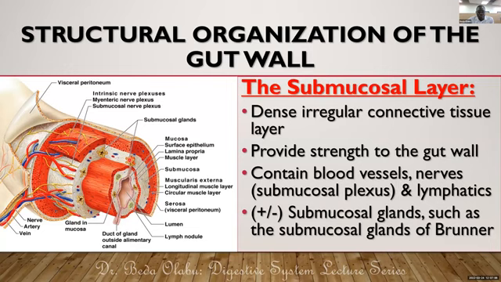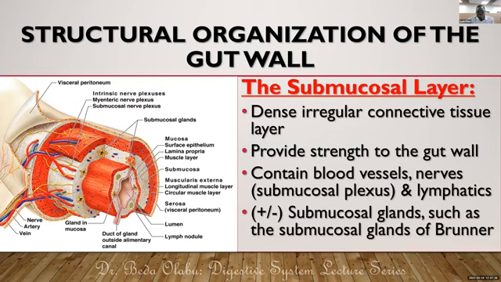Only two regions of the GIT have submucosal glands. One of them is the esophagus. So we have submucosal glands of the esophagus. We call them esophageal glands. Then the other one is the duodenum. The submucosal glands in the duodenum are called the glands of Brunner.